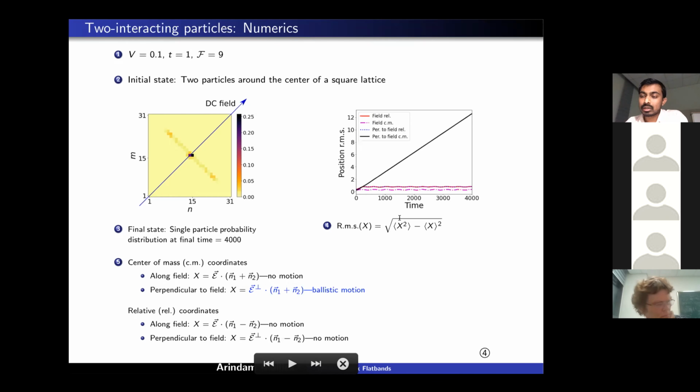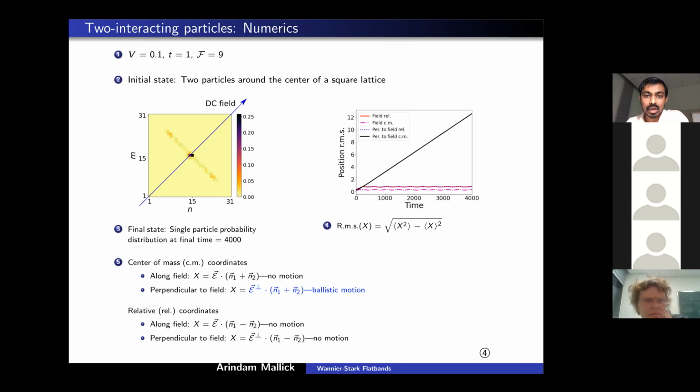I calculated the RMS, or actually the square root of the second moment, for each of them. I found that only the center of mass coordinate perpendicular to the field evolves ballistically. All other coordinates saturate at very nearly zero value. So this implies that our claim that these two particles move jointly perpendicular to the field is valid.